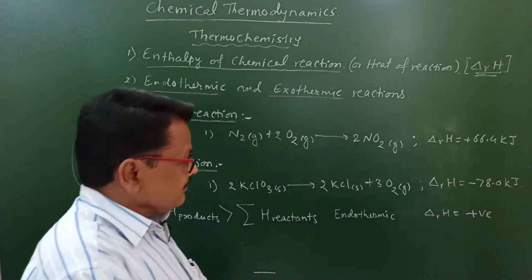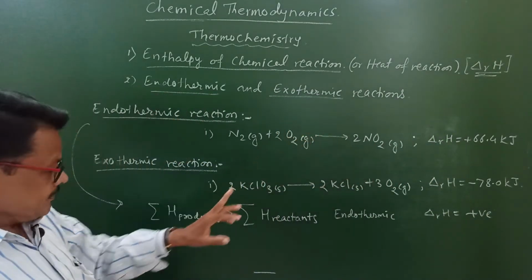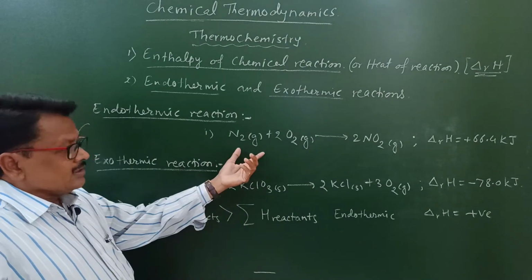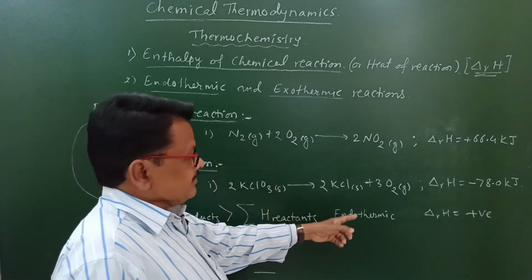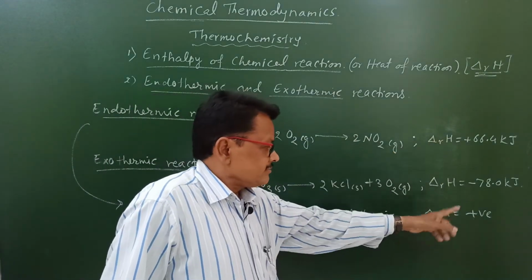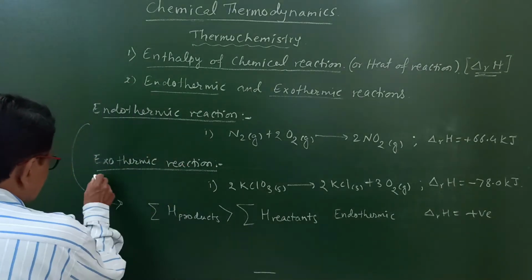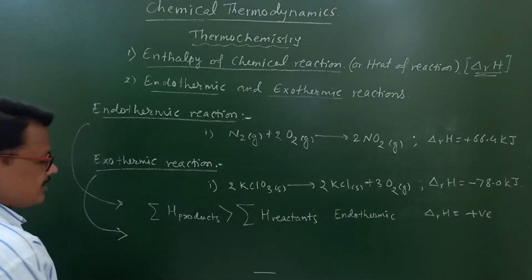When is it possible? When the summation of enthalpy of products is greater than the summation of enthalpy of reactants, the reaction becomes endothermic and its delta H value is shown by a positive sign. And when can we say that the reaction is exothermic?